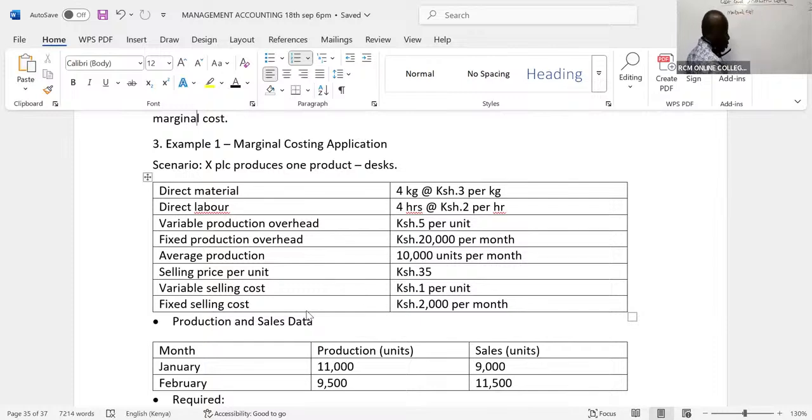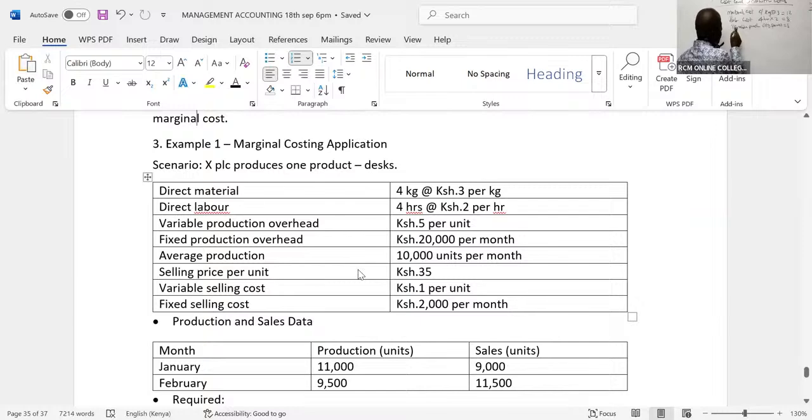We took material cost in the cost card: 4 kgs at 3, which gave us 12. Then labor cost: 4 hours times 2, which gave us 8. And then we have variable production overhead per unit.